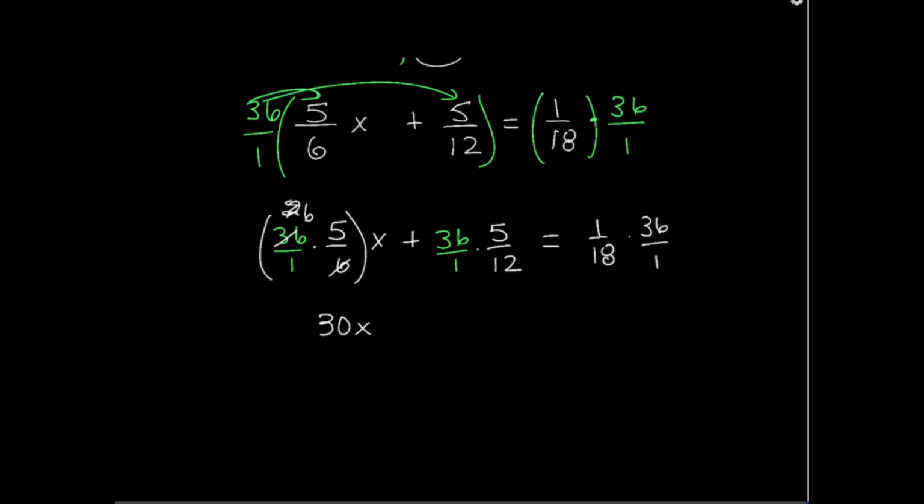I do the same thing for my next group of parentheses over here. I know that 12 divides evenly into 36 3 times. So that leaves me 3 times 5, which is my plus 15. And lastly, I know over here on the other side of the equation, that 18 divides into 36 twice.